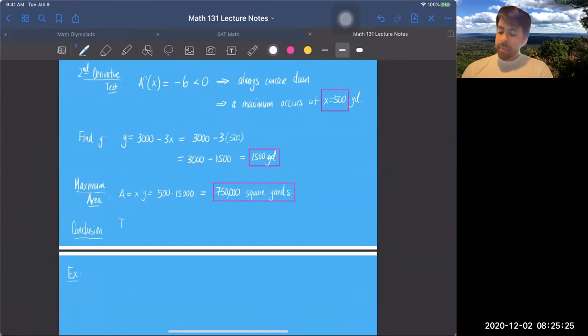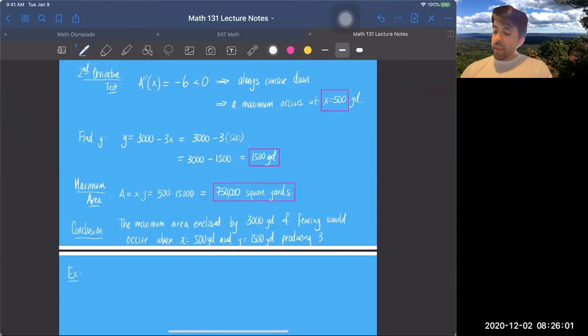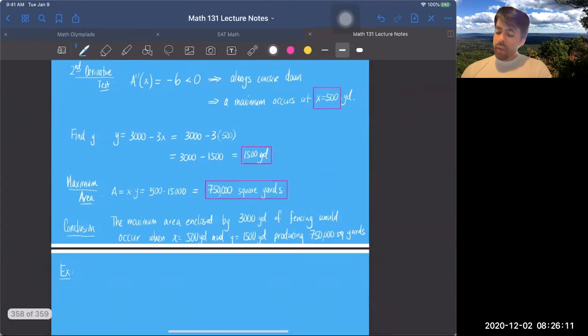The maximum area enclosed by 3,000 yards of fencing would occur when x equals 500 and y equals 1,500 yards, producing 750,000 square yards of enclosed area.